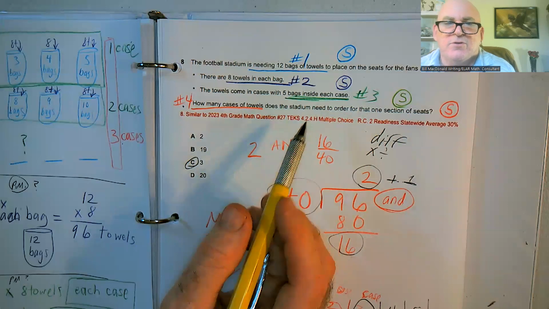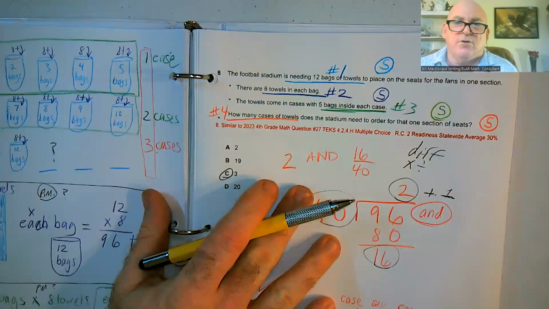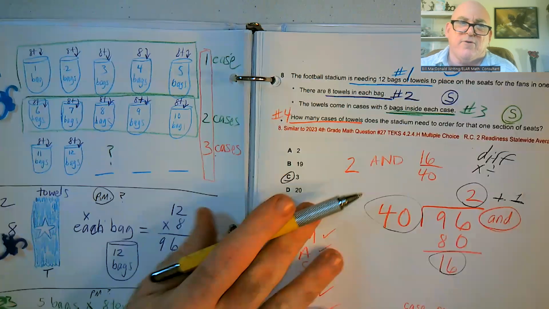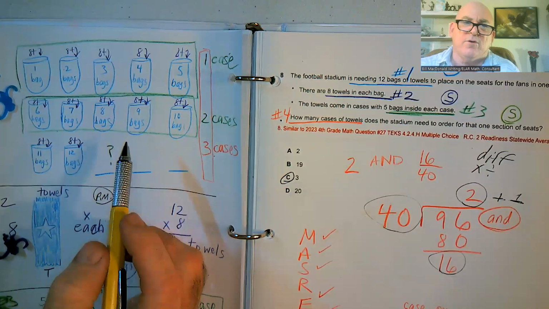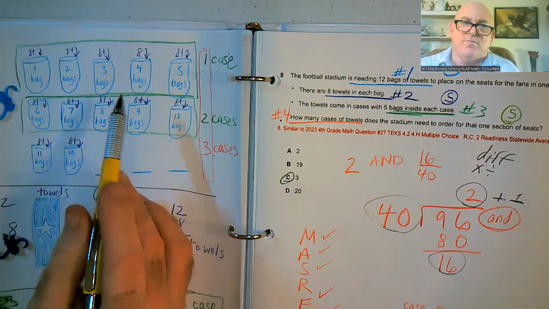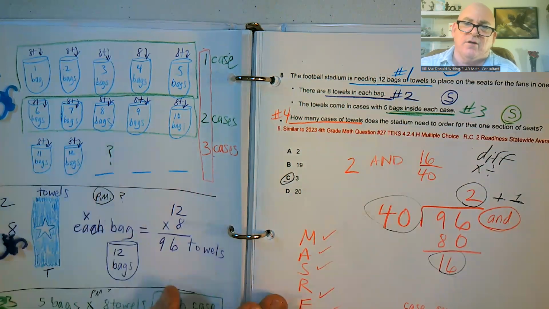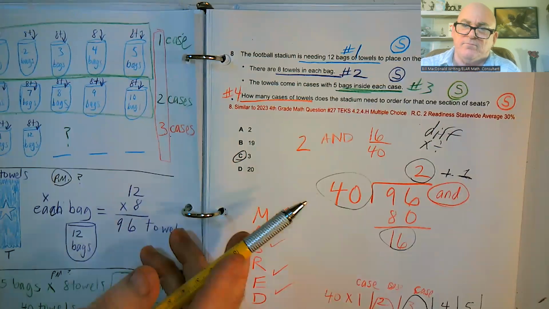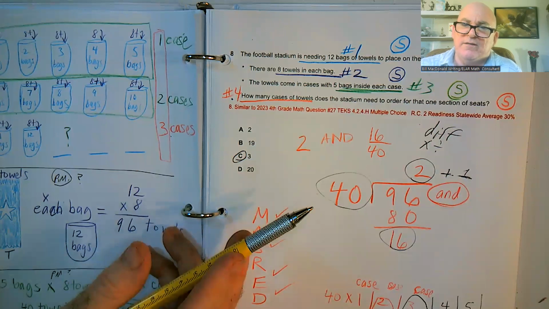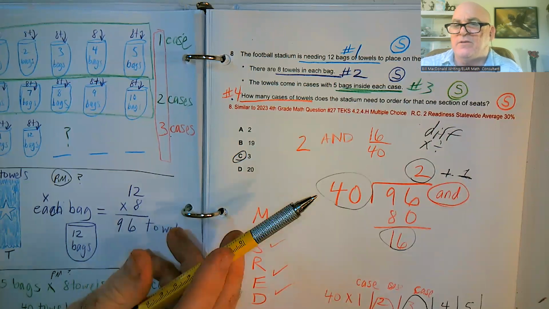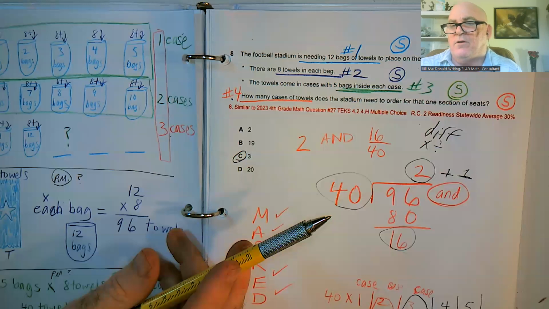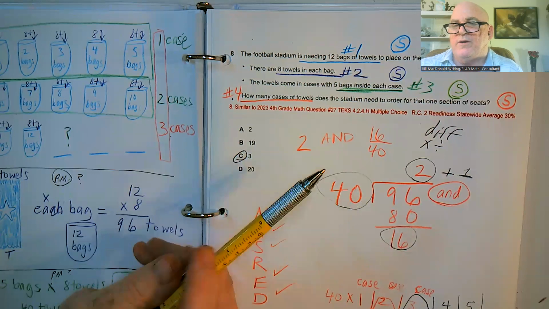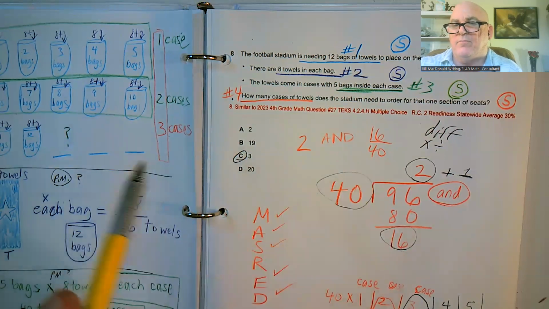So unless your students knew from the picture that they were going to have an extra case, they were going to have to remember that if I'm going by 40s, I've got to keep going until I have enough cases to cover all 96 towels that I need, which would have been a division problem.